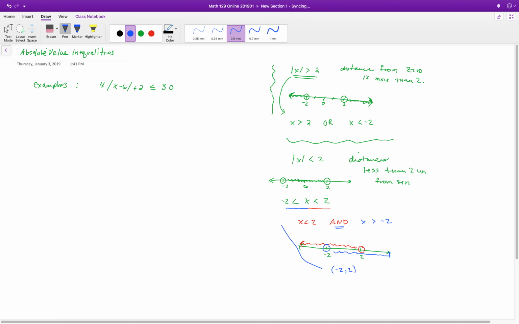Again, same thing we saw right here. So that and statement is associated with the less than inequality, whereas the greater than statement is associated with the word or.